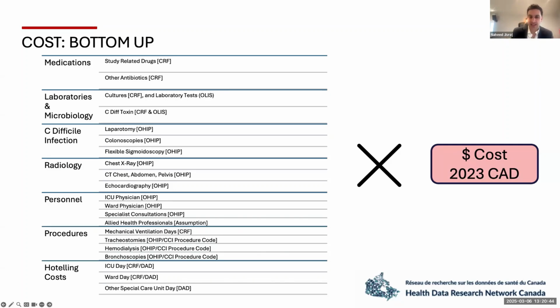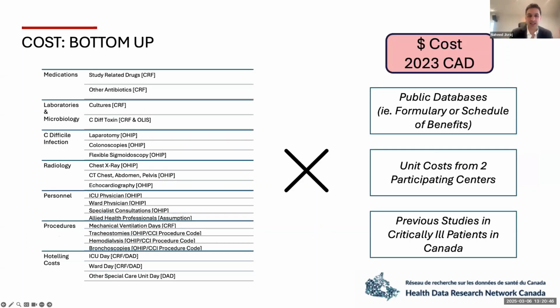How will we get the costs themselves? We'll use sort of like a hierarchical approach. We'll look first at public databases, whether that's the hospital formulary for cost of drugs or the schedule of benefits for cost of services.